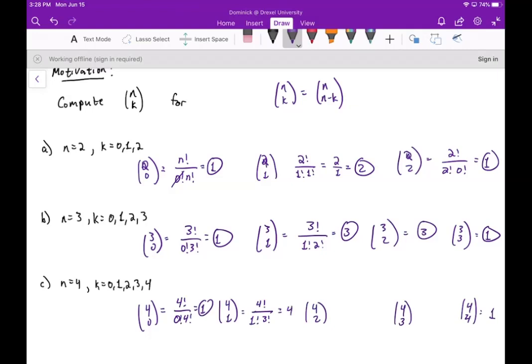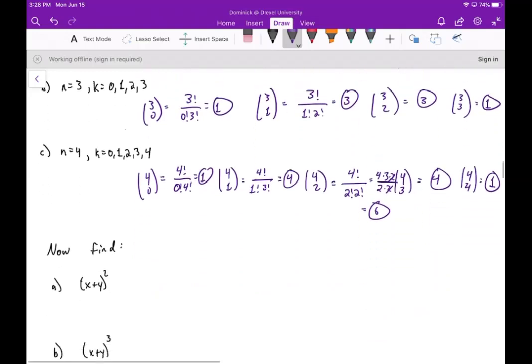So here we're going to get 4, and here we also get 4. Now 4 choose 2, we're going to get 4 factorial over 2 factorial, 2 factorial. So we're going to get 4 times 3 times 2 times 1 over 2 times 2. The 2's cancel, and then I'll get 12 over 2, which is 6. All right, so that's these first couple.